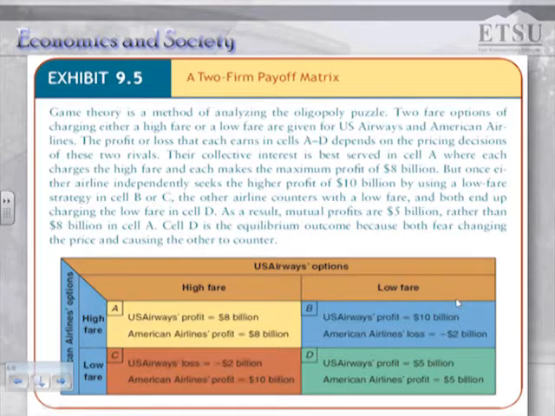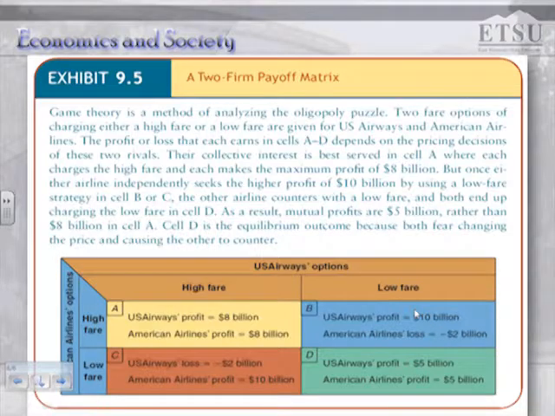If they believe that American is going to charge a low price, then they have the choice between charging a high price and incurring a loss, or charging a low price and earning a $5 billion profit. Then we can say U.S. Airways has it in their best interest to charge a low price. You see this 5 and this 10.